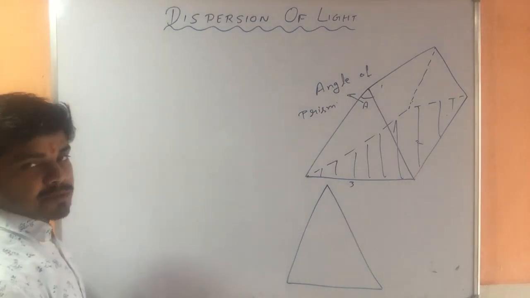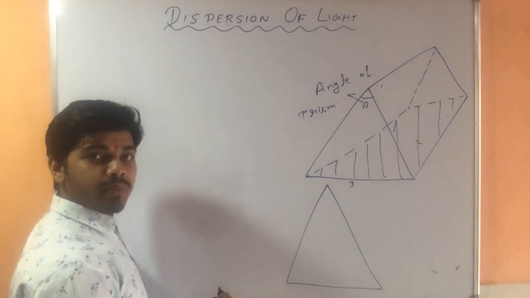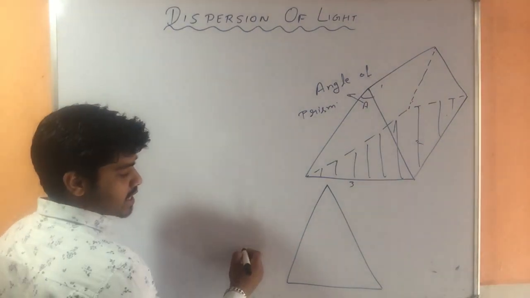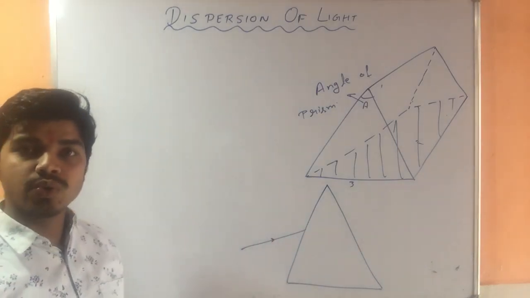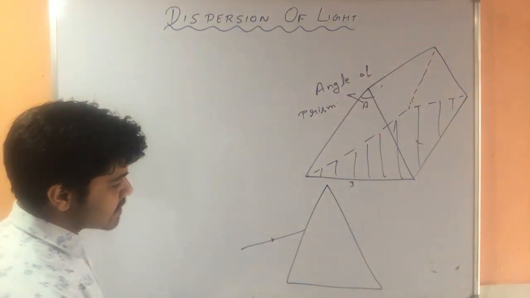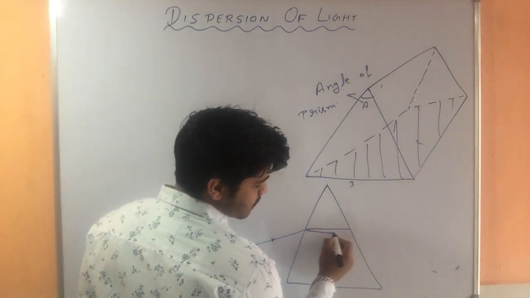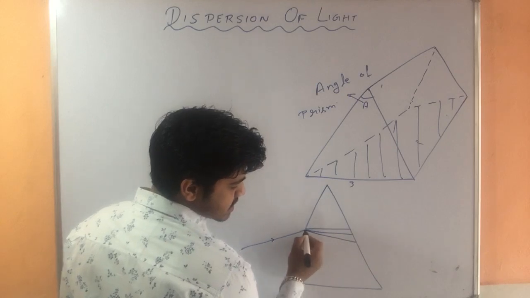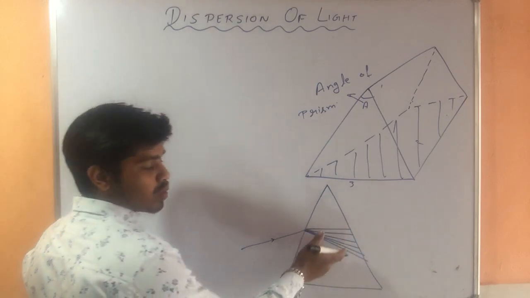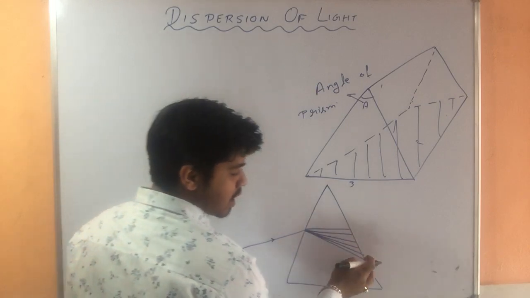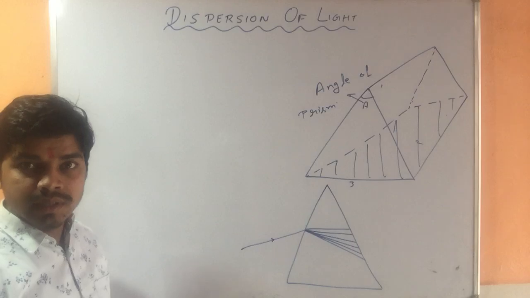So now what is dispersion of light? Dispersion of light is another phenomenon which arises when white light strikes a prism, then it splits into 7 colors of different wavelengths, as all these 7 colors are embedded in the white color.